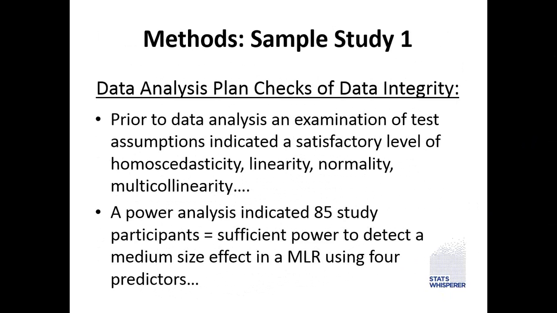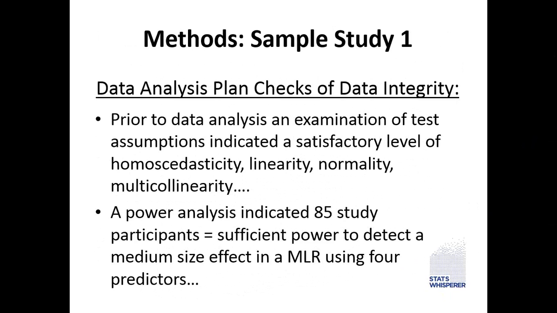But for our purposes, we say, prior to data analysis, an examination of test assumptions indicated a satisfactory level of homoscedasticity, linearity, normality, multicollinearity, checks for undue influence of outliers, all those things. And then we might want to mention our power analysis. Not everyone does, but it's okay to do. Right?